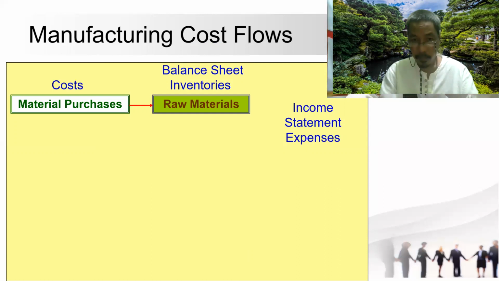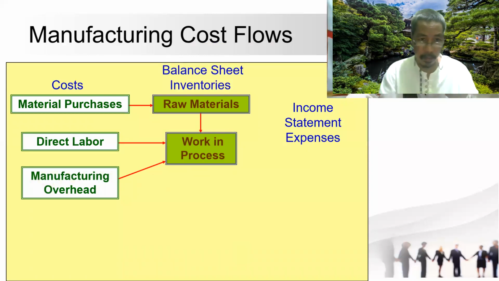The cost. No? And then let's add the direct labor and manufacturing overhead. So the cost are the three major manufacturing costs, no? Three categories. And we have what? In balance sheet inventory, we have raw materials and work in process.